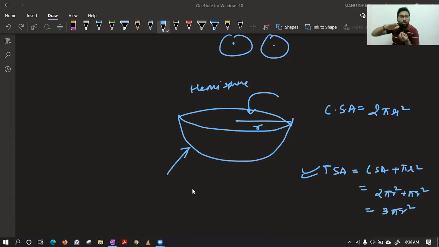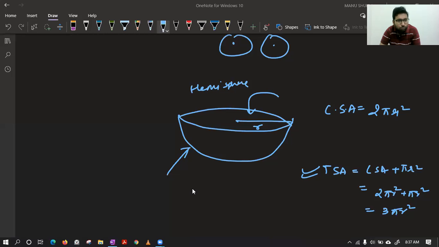But if you cut the ball and fill some clay inside the half part, you will get a solid hemisphere. Then you can see one is the curved surface and the second is the top surface. You can try it, have a Costco ball and observe on that.